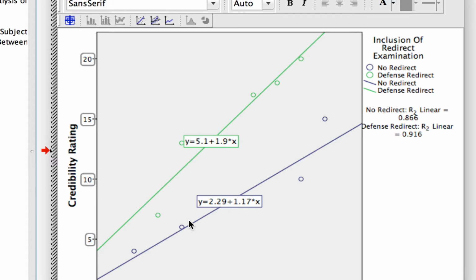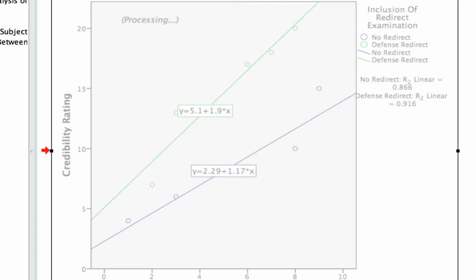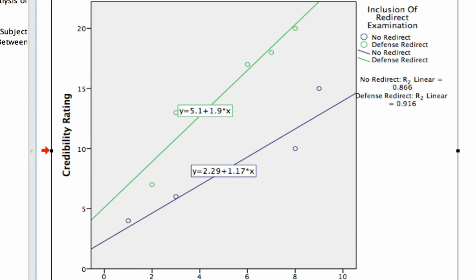It's a little steeper in the group that saw defense redirect than the group that didn't, but if we look at the slopes of these lines, it doesn't look like much of a difference. And actually, thinking about this in a regression context is going to be important later when we look more at why this homogeneity of regression assumption is theoretically important.